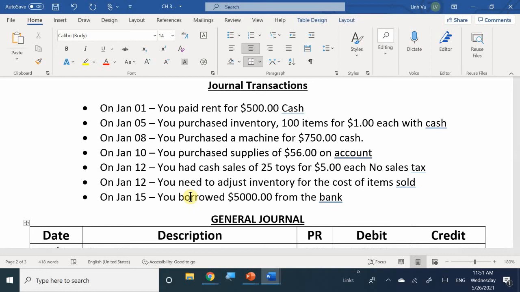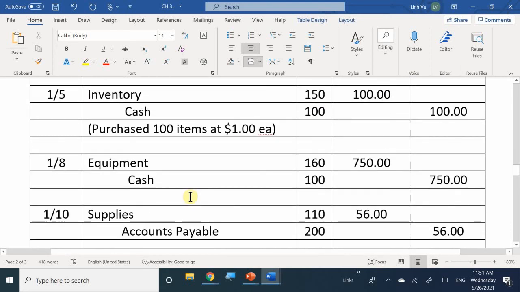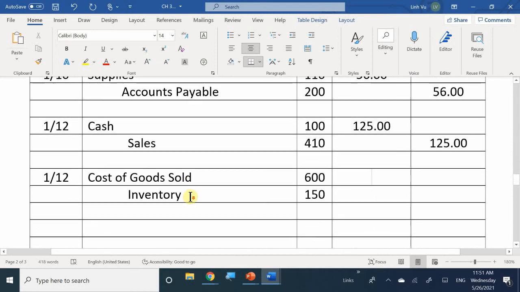So that's how much it cost me. If it's going to cost me $1 per item, how much did it cost me to sell those items? 25. Good, because we got rid of 25 items. So therefore it cost me only $25.